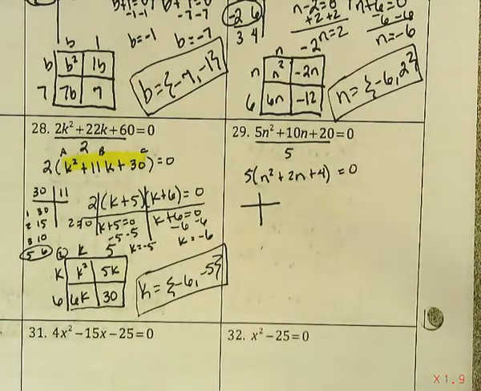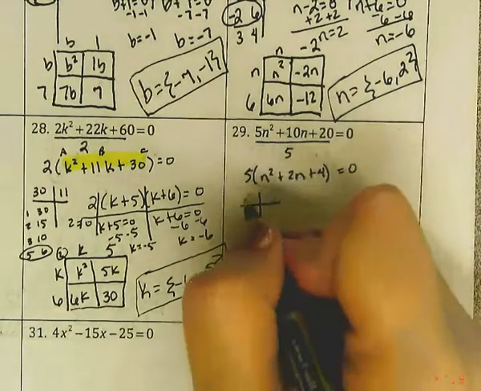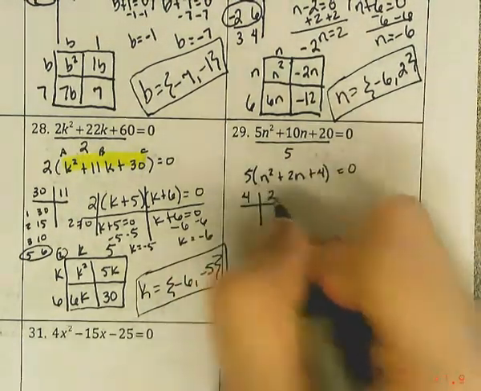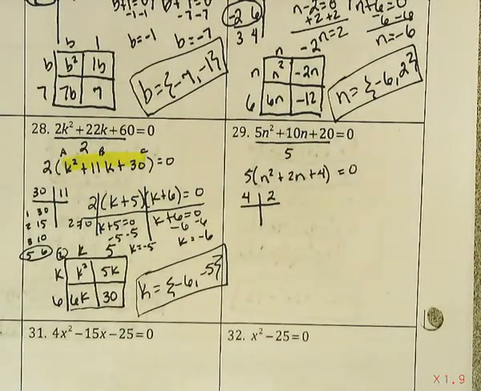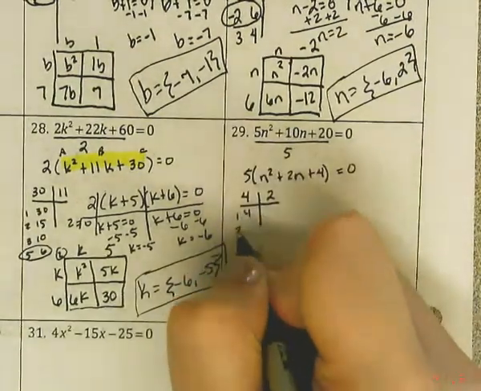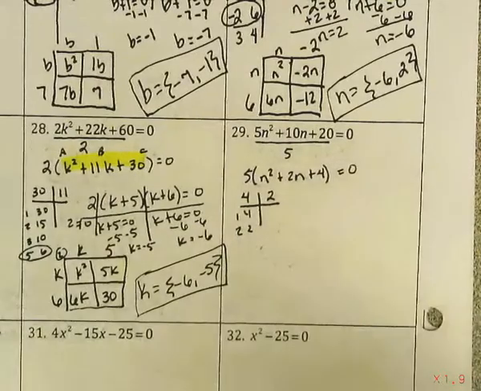We want 2 numbers to multiply to give us 4 and add to give us 2. Let's test 1 and 4, 2 and 2. Do any of those work? No.